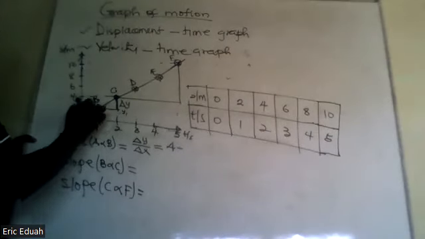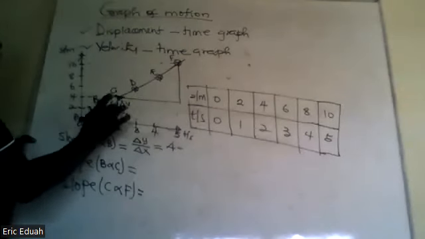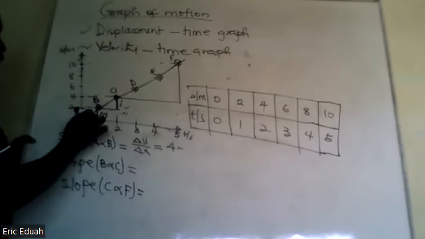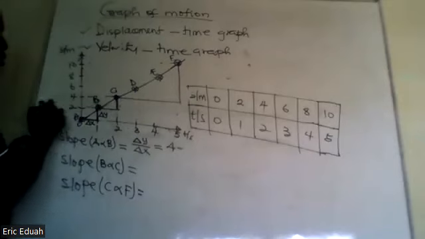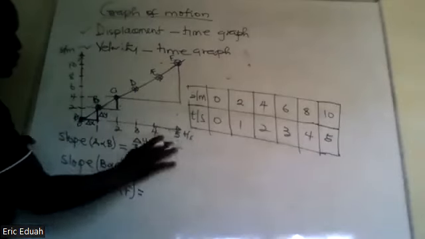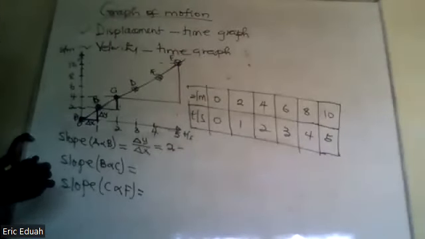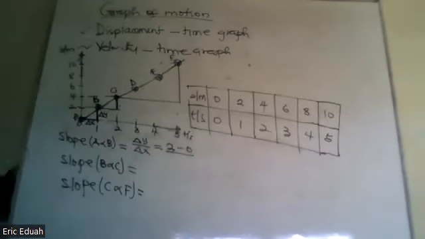Sorry, this is between A and B. So for A and B, this is the change in Y over change in X. So what is your Y2? Equals 2. 2, good. So 2 minus, what is your Y1? 0. Let's look at the change in X. What is your X2?